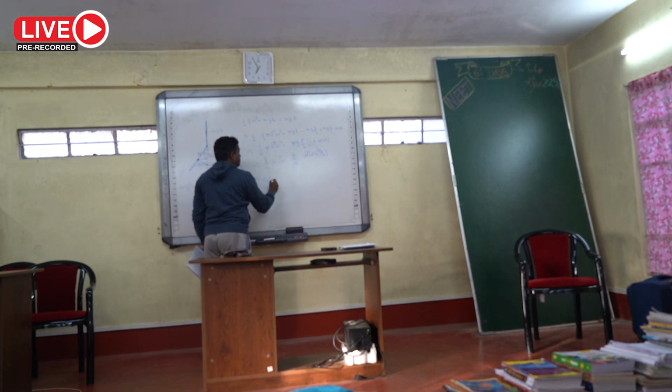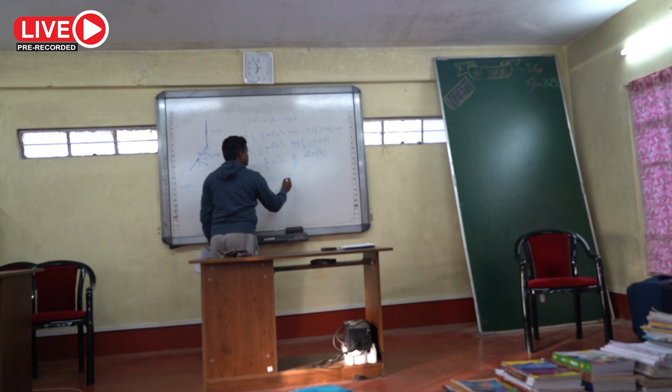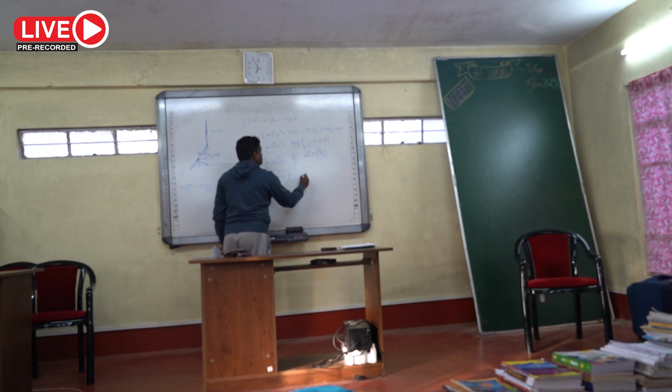Then omega equal to 6G by L under root cos theta by 2.